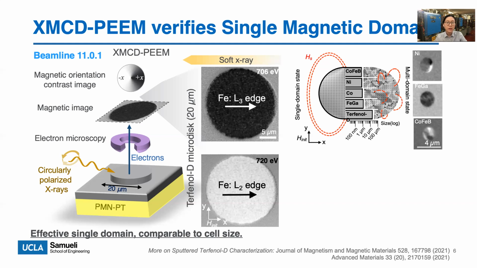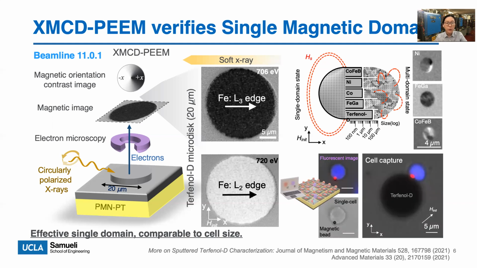This large single domain magnetoelastic structure paves the way to a new scale of micromagnetic capture, large enough to localize and capture a single cell. So here on the bottom right, we show a magnetically tagged cell being captured by the initialized magnetic stray field from a single disk. Next, we will apply an electric field to release the cell.